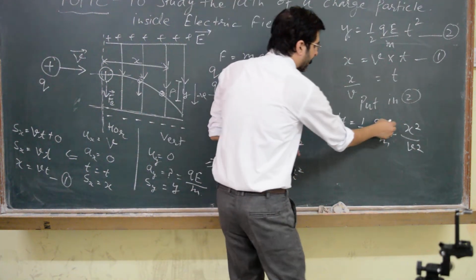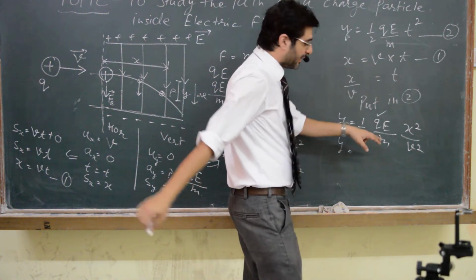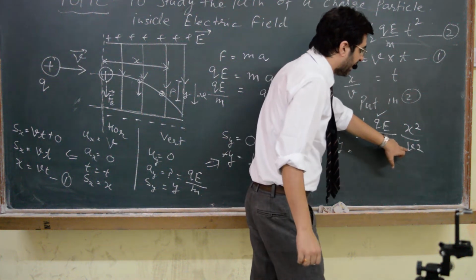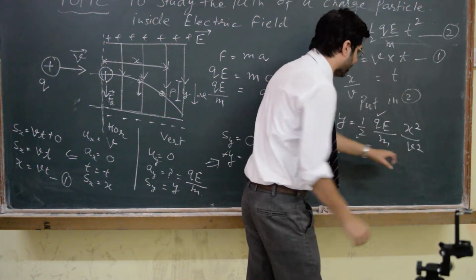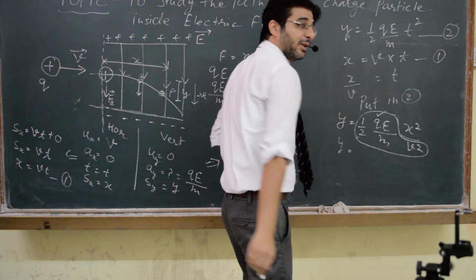So here y is equal to half, which is constant; the charge of the particle is constant, the electric field is uniform, the mass of the charge is constant, and the initial velocity is uniform. That means this complete factor is a constant.